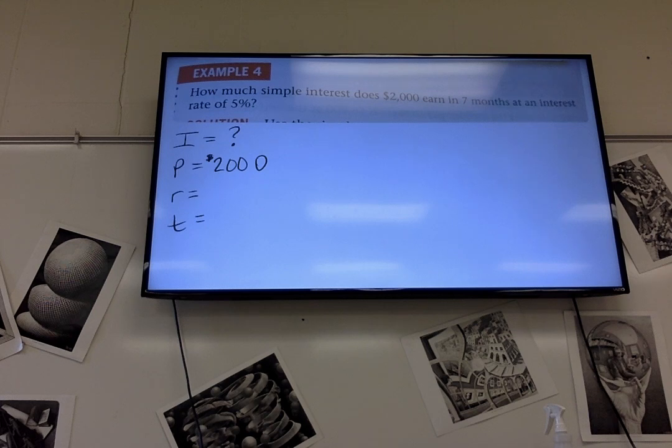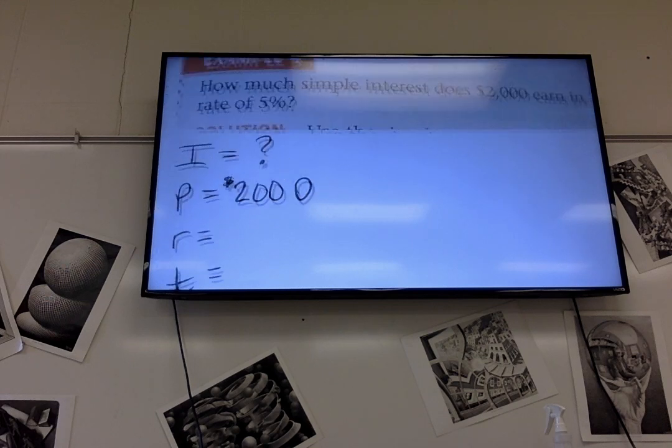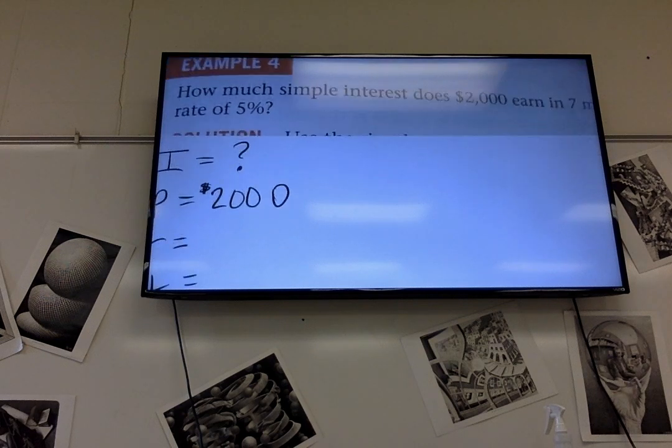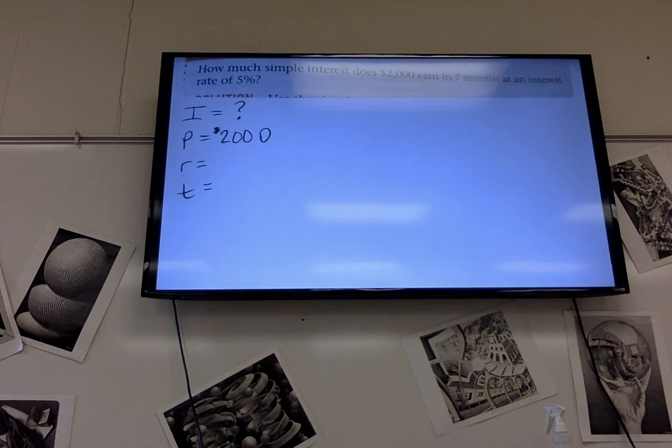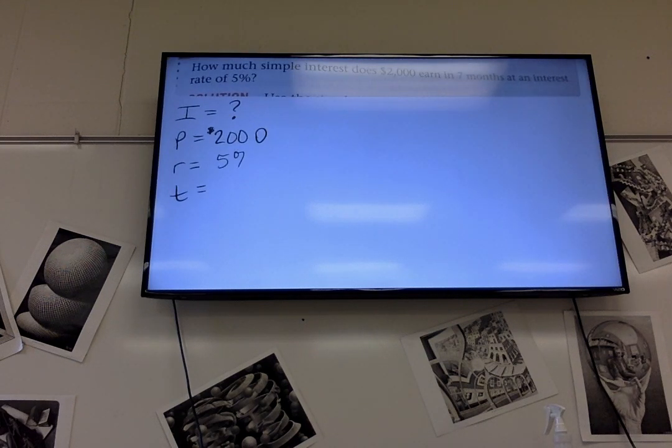I don't know. I was trying to get the time. Oh, well, which number up here says it's the interest rate? It's 5%. I think it's 0.05 actually. And 5 divided by 100 is 0.05. Yeah.